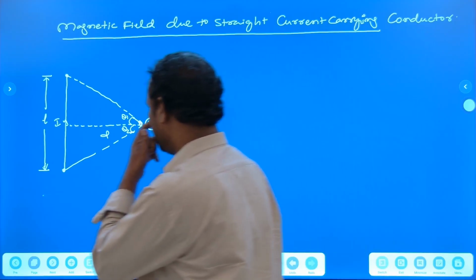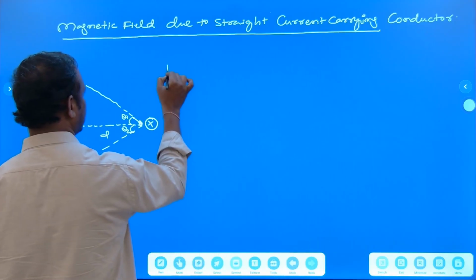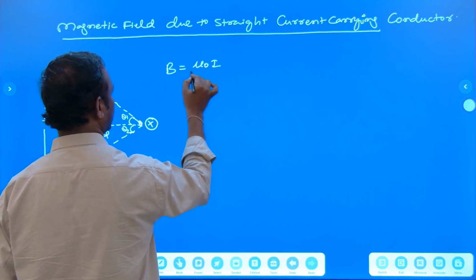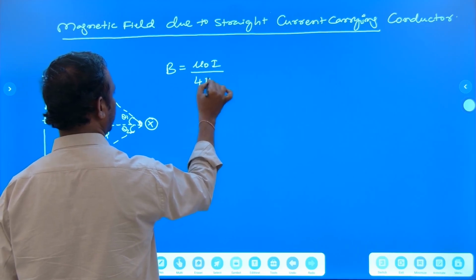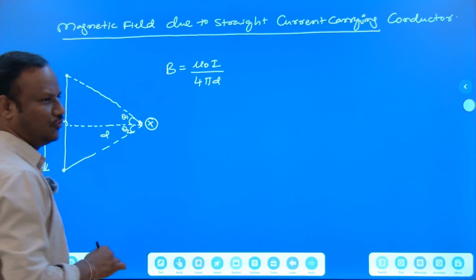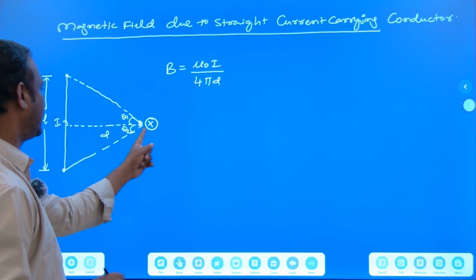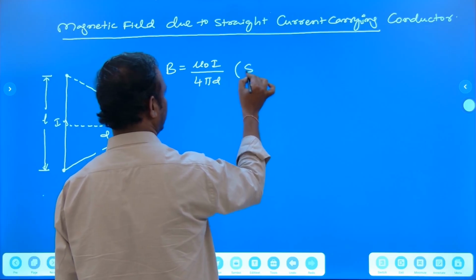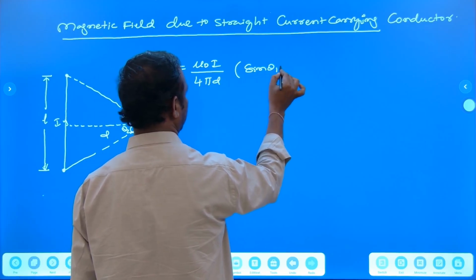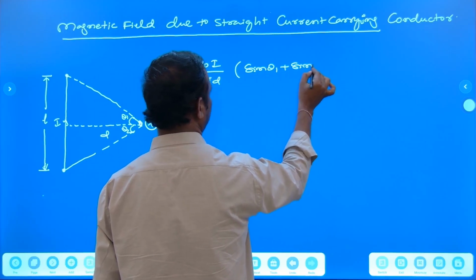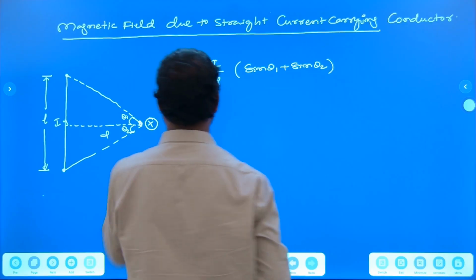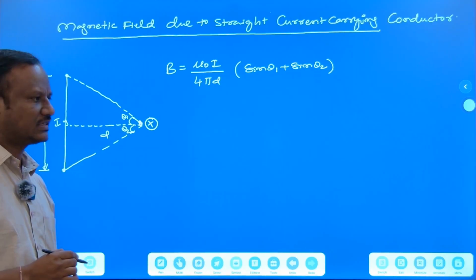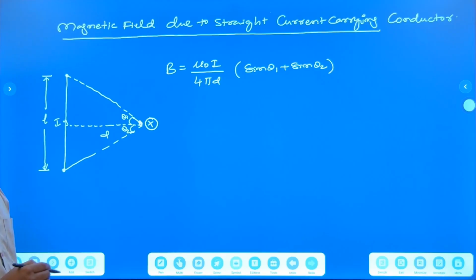So, magnetic field induction B is equal to mu naught I by 4 pi d, where d is the perpendicular distance, times sin theta 1 plus sin theta 2. B is equal to mu naught I by 4 pi d times sin theta 1 plus sin theta 2.